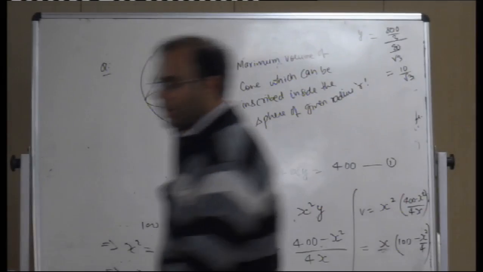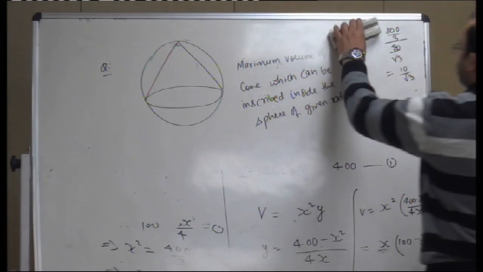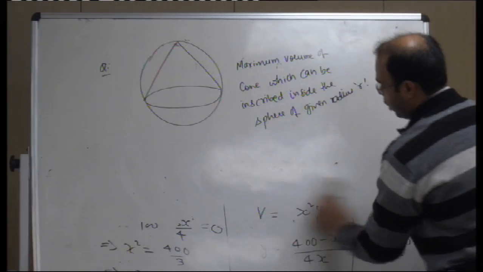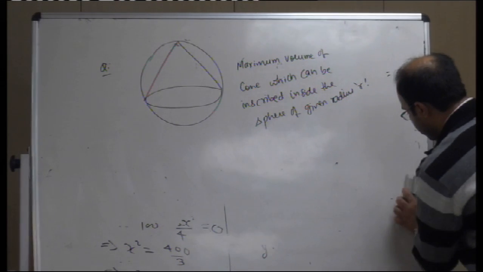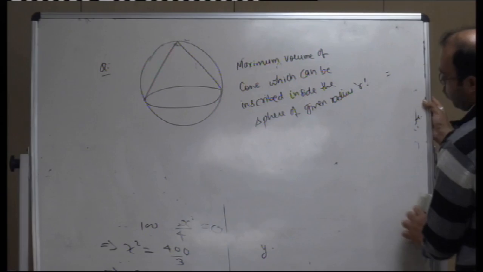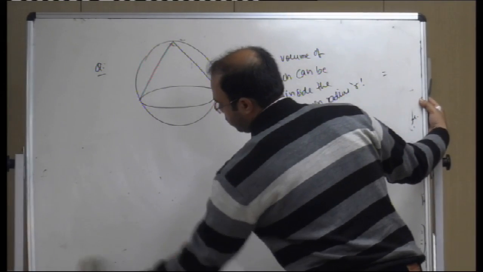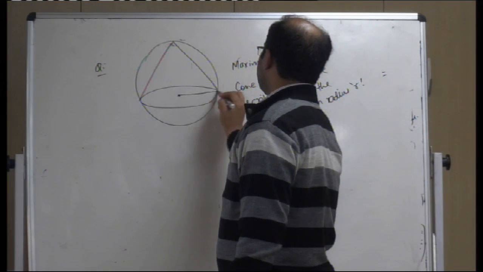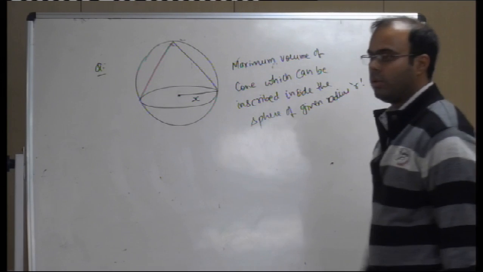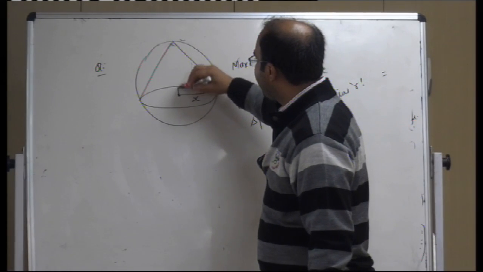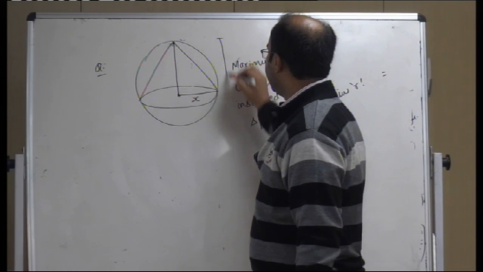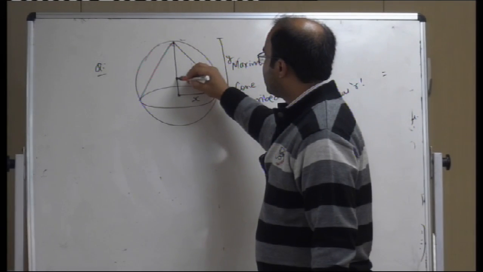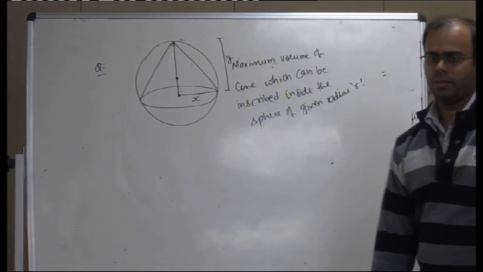So basically here again we have to decide some variables, and you should decide the minimum number of variables. First of all, when we talk about the cone, there is a radius of the base of the cone and there is the height of the cone. These two things you have to take anyhow. So let's take the base radius of the cone as x, and the height of the cone as y, and somewhere on this height is the center of the sphere.